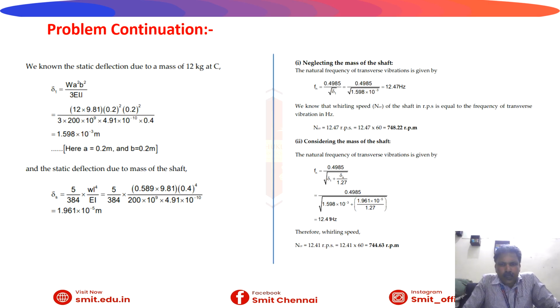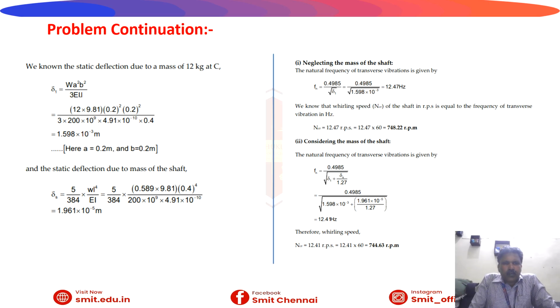Then this slide represents the static deflection due to the mass of 12 kg at point C. These formulas we might have already studied in strength of materials, how to find the deflection.